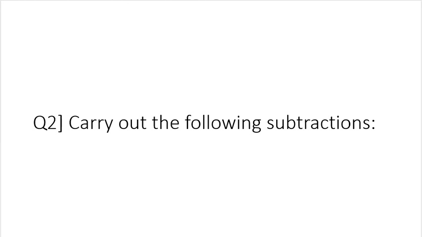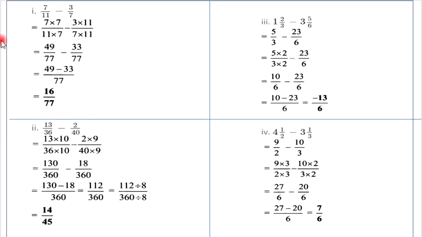Question 2. Carry out the following subtraction of rational numbers. Whether you are adding or subtracting, our first step will always be equalizing the denominator. In the first sum, we have the two denominators as 11 and 7.